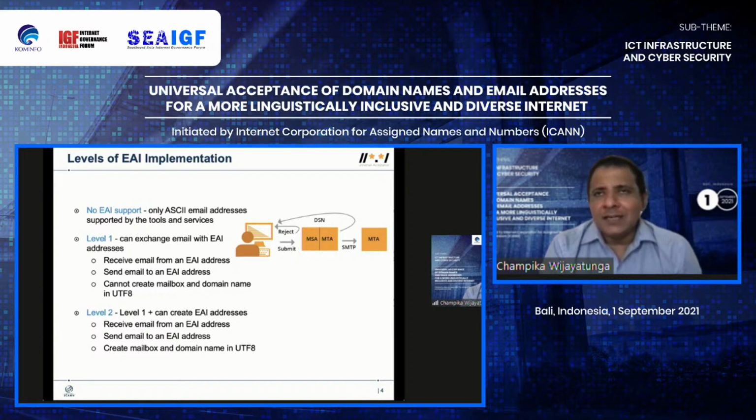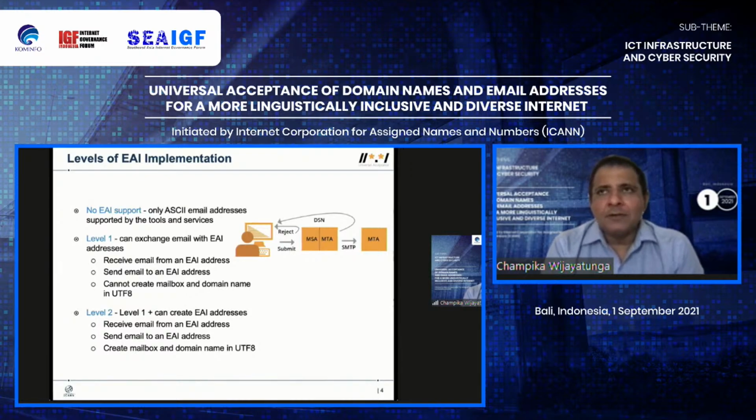Sarmad also showed you some statistics earlier. Obviously, for ASCII emails, we can assume it's 100%. But when it comes to the other email IDs, it is much less.